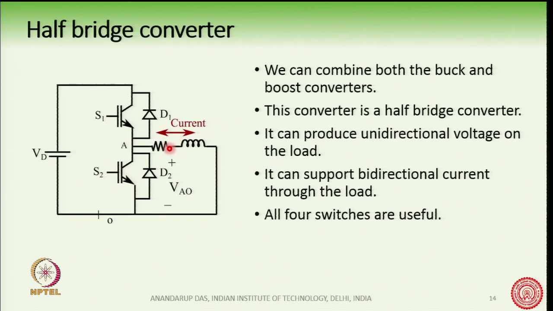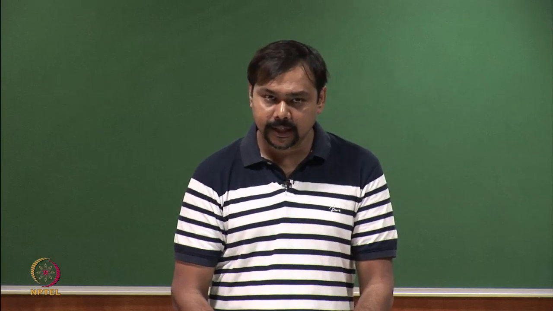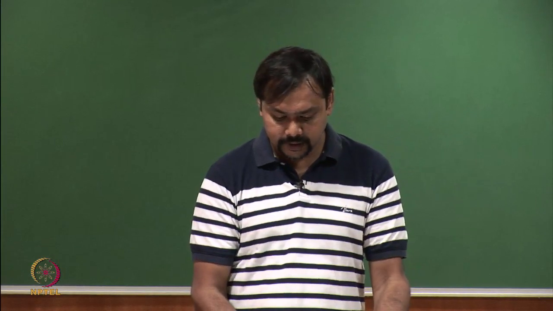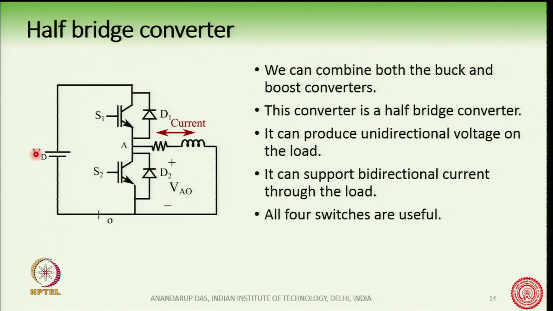This is the current source, shown by an RL load here. The current source is bidirectional in nature, so it can be positive or negative. This is the voltage source here, and then we have two transistors or two IGBTs and two diodes here.